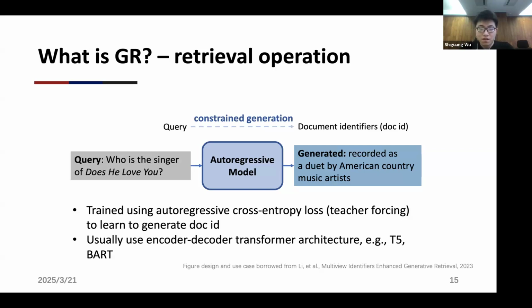It is an end-to-end implementation of the retrieval system, as I mentioned at the beginning. We can train this autoregressive model using the cross entropy loss, just like a sequence-to-sequence model, and we use teacher forcing.